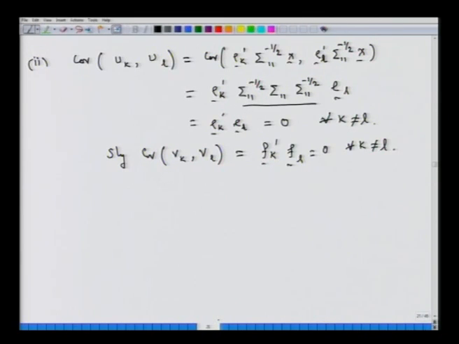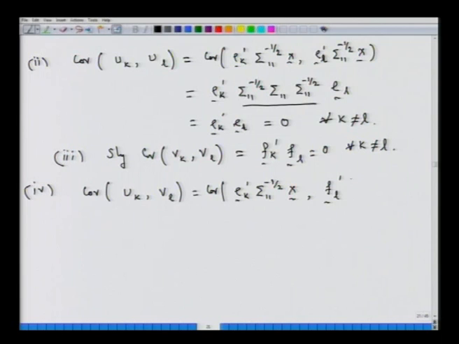In the fourth part, what we are trying to show is the covariance between u_k and v_l. What is this equal to? This is equal to the covariance between E_k' Σ11^(-1/2) times x, and V_l is going to be given by F_l' Σ22^(-1/2) times y.